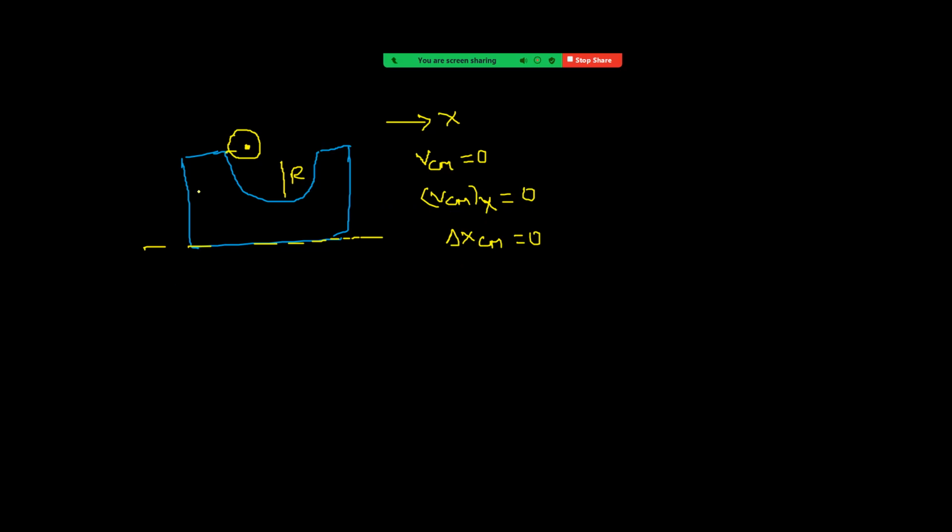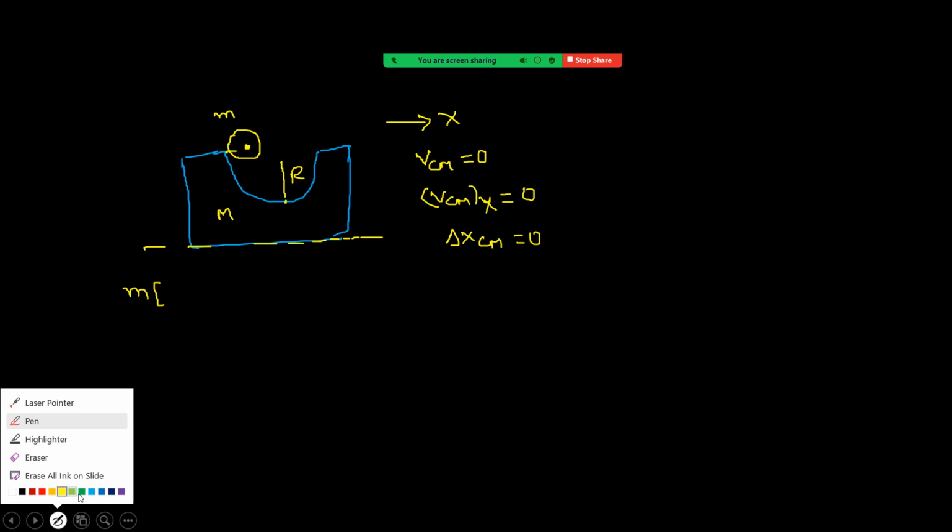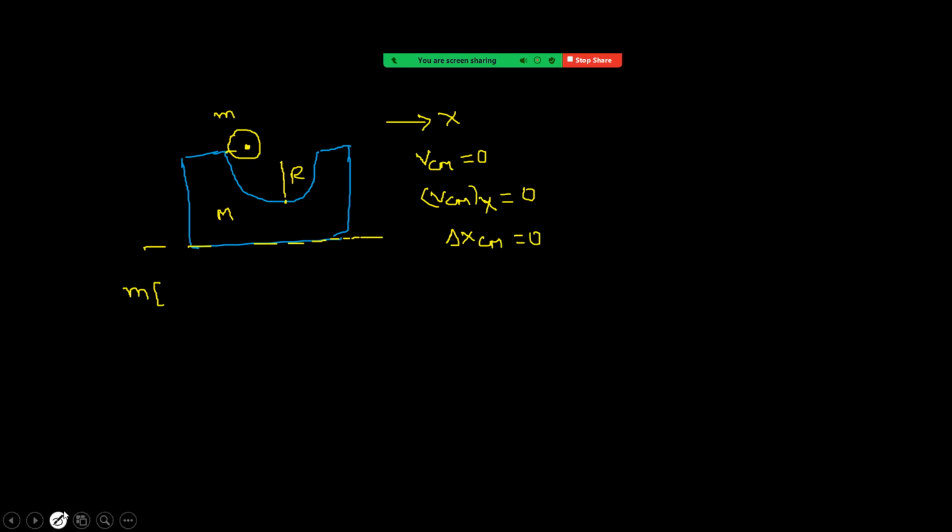Now see carefully. Consider the displacement of the cylinder when it comes to this bottommost point. Let us take that the block moves by a distance x to the left side.